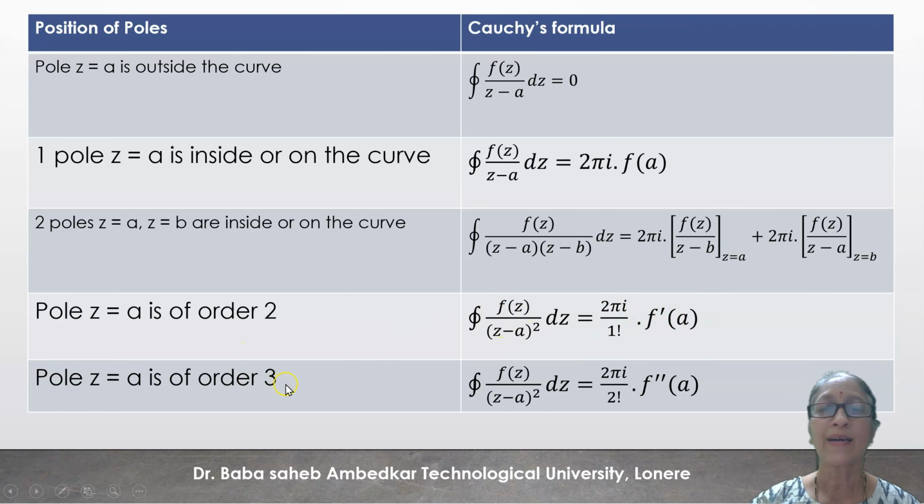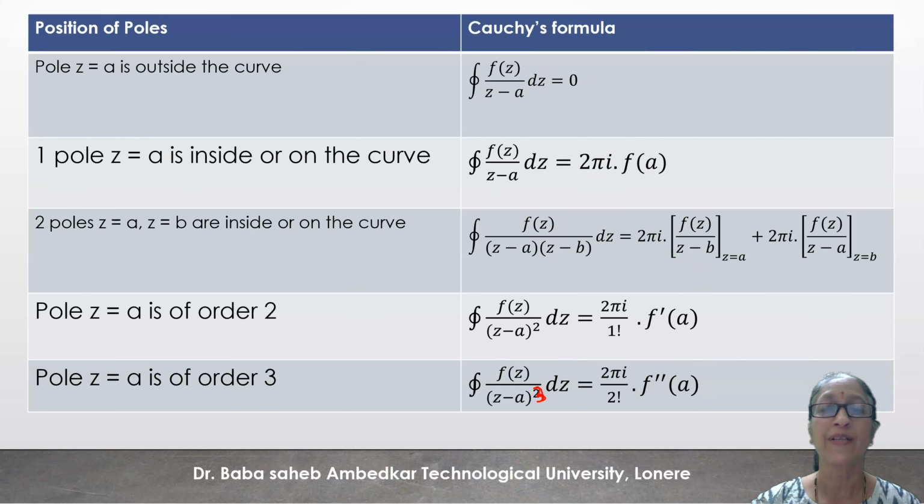Then when the pole is of order 3, we use this formula: contour integral of f of z by z minus a whole cube dz equal to 2 pi i by 2 factorial f double dash of a. So all these formulae are useful in solving these examples.